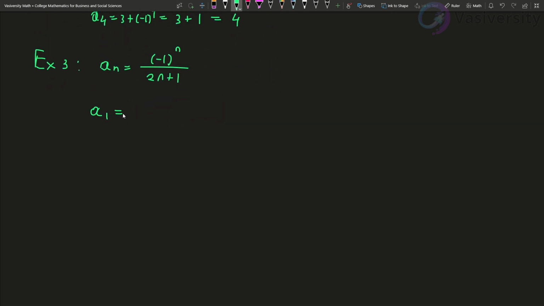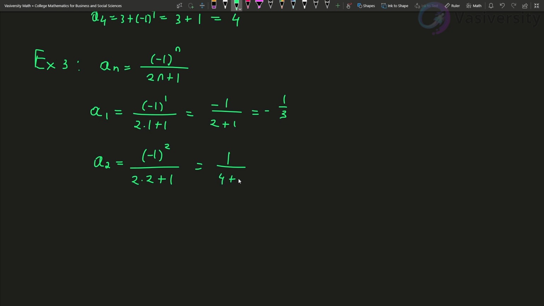A sub 1 is negative 1 to the power of 1 over 2 times 1 plus 1, which is negative 1 over 2 plus 1, which is negative 1/3. How about a sub 2? It is negative 1 to the power of 2 over 2 times 2 plus 1, which is 1 over 4 plus 1, which is 1/5.